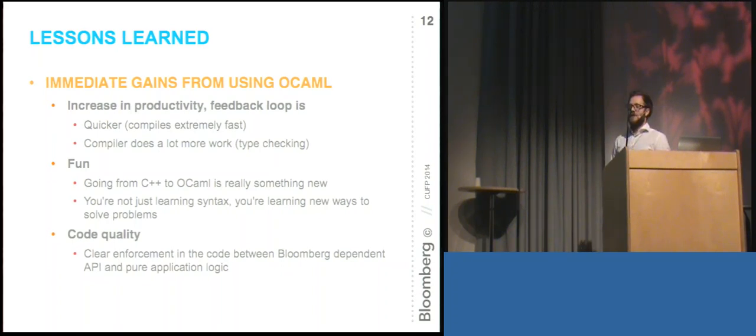We are constantly trying to improve how fast we can compile, whether it's C++ or OCaml, just because it makes us a lot more productive. Of course, the compiler does a lot more work. Once you get past the errors, once you understand the errors, everything's fine.